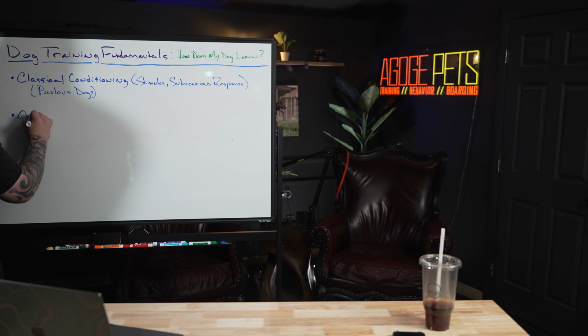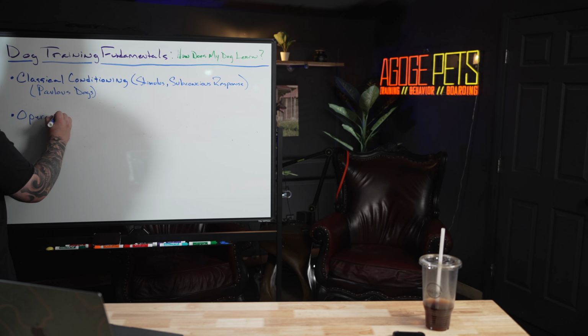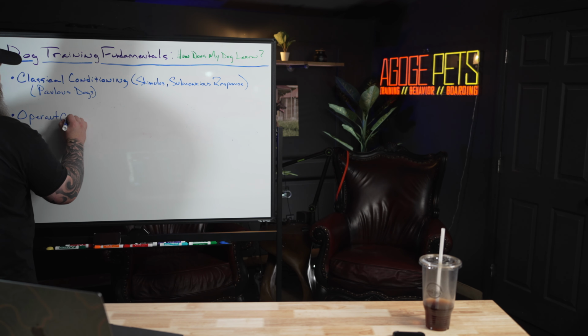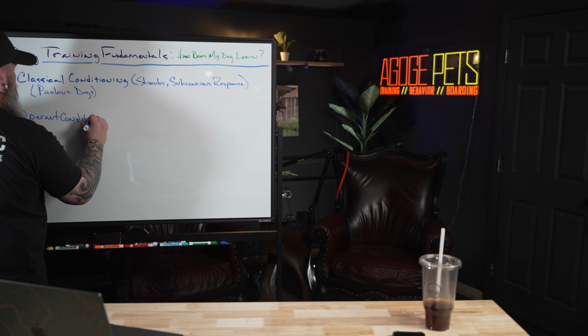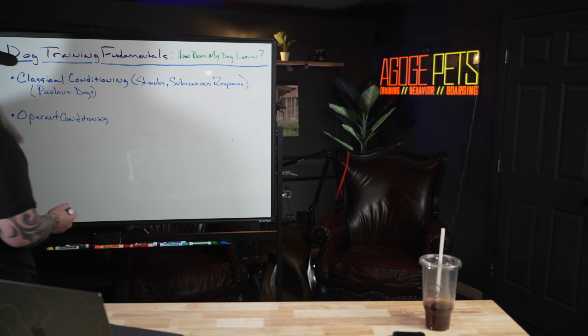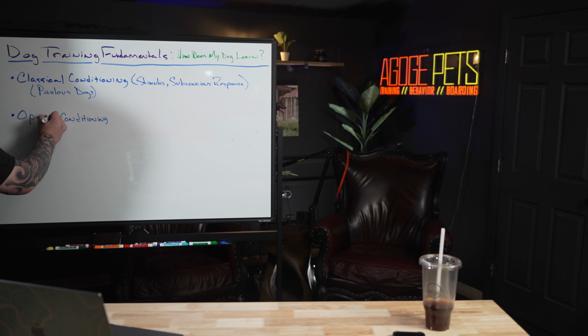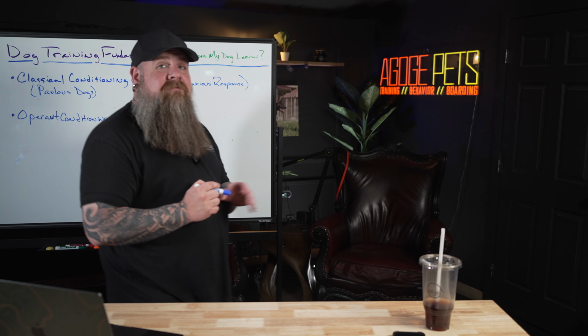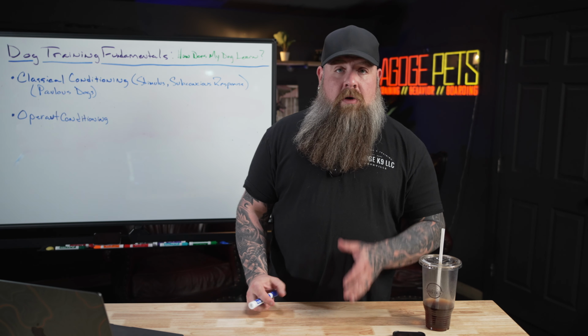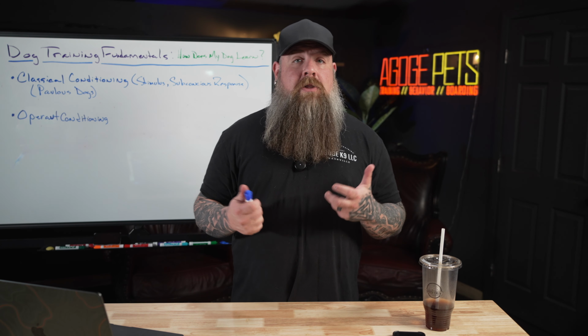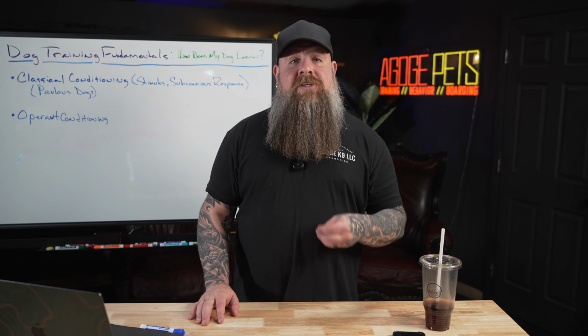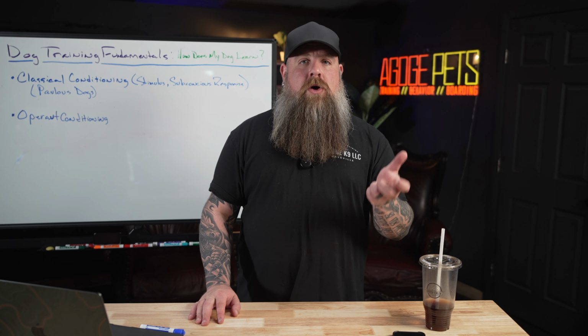So, operant conditioning requires an operator, i.e., you and me. Okay? In operant conditioning, we are assigning value, either reinforcing value or punishing value, to particular behaviors in order to teach the dog what it is that we want long term.